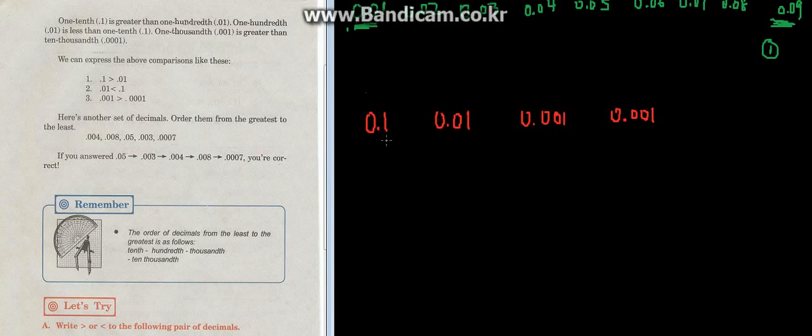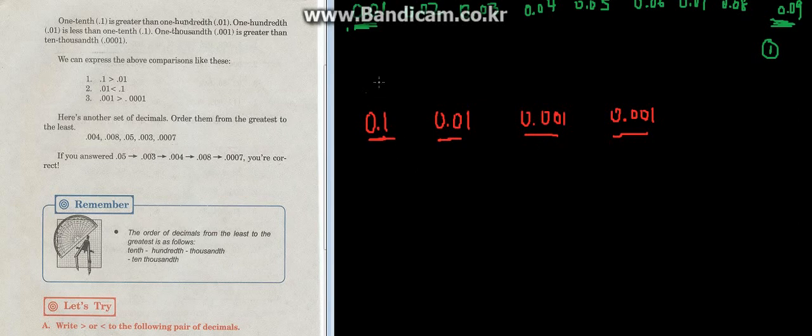Basically, I'm trying to teach you how to differentiate which one is the bigger number, which is the biggest number among these 4, and to know the order of these numbers.